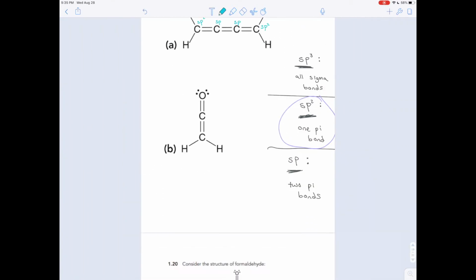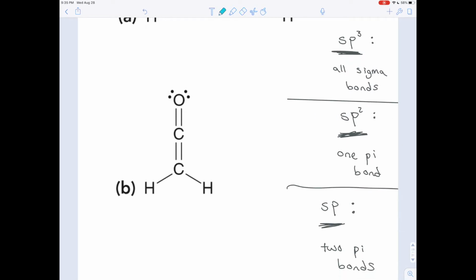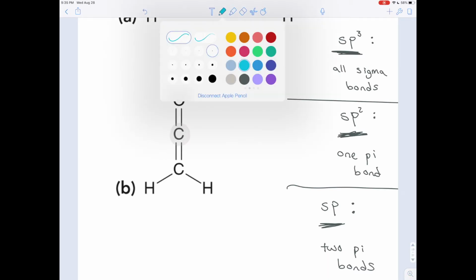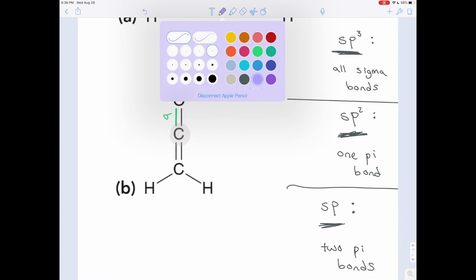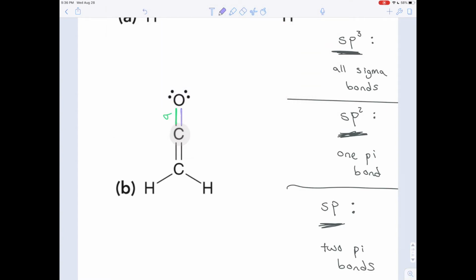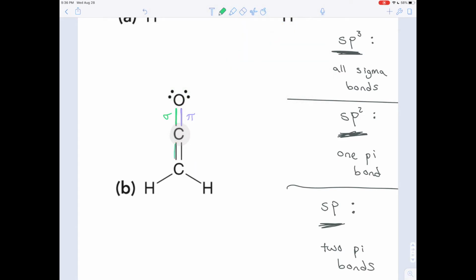Let's do the same thing to B. So this is the last molecule for this exercise. We're only interested in the carbons. Let's start with this top carbon. The first bond you ever form between two atoms is a sigma bond. So the first bond between that carbon and the oxygen is a sigma bond. Every bond after the first bond between two atoms is a pi bond, so that second one is a pi bond. How about on the other side? The first bond you form between these two carbons is a sigma bond.